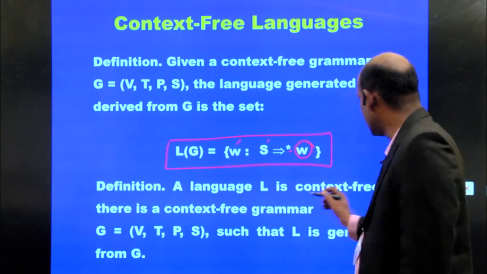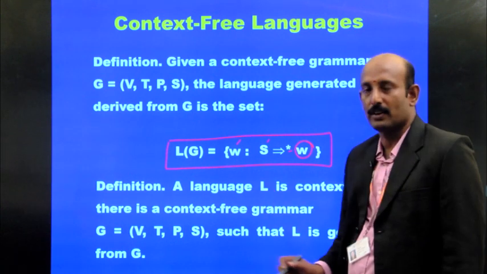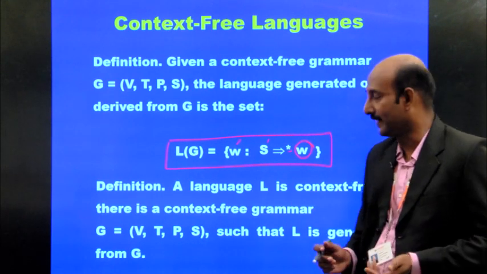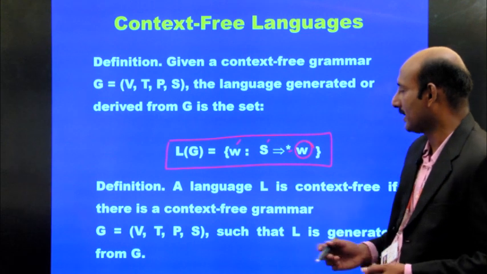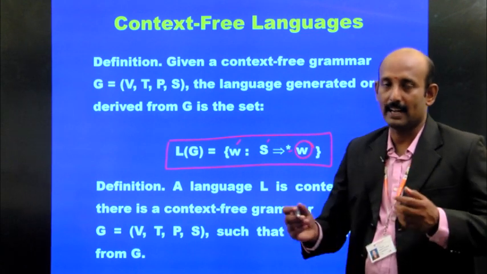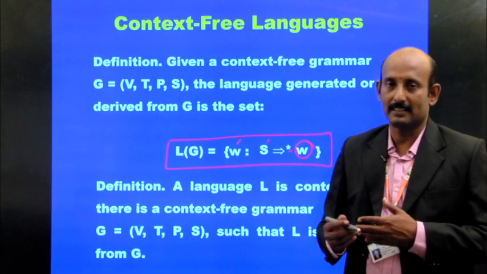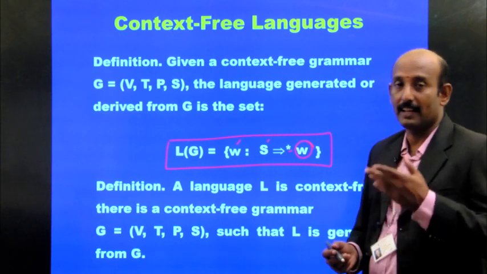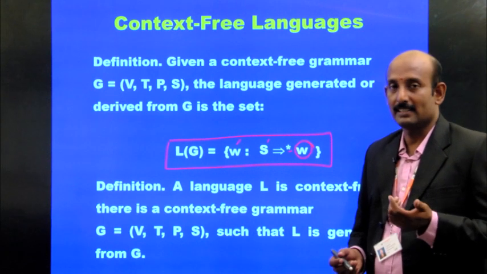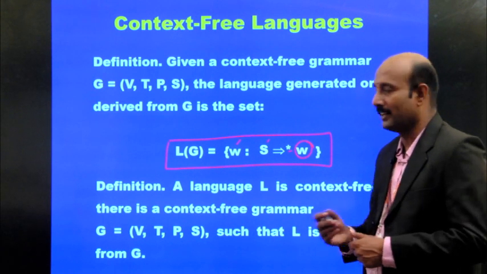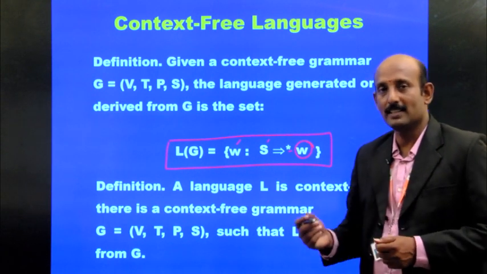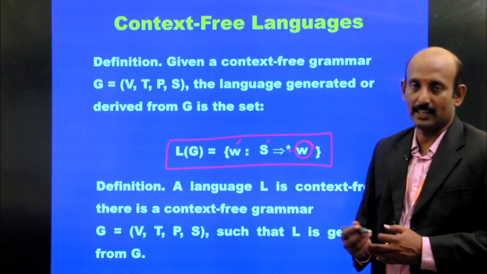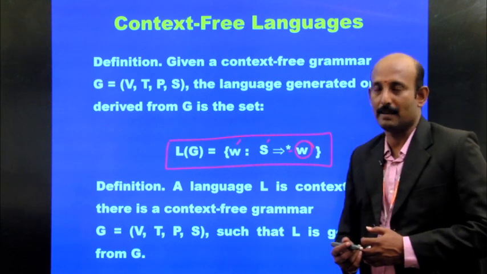A language is said to be a context-free language if there is a context-free grammar that generates the strings. The strings generated may be in this context-free grammar, but not all the strings are in the context-free grammar. Some languages may be of the regular type, regular grammar.